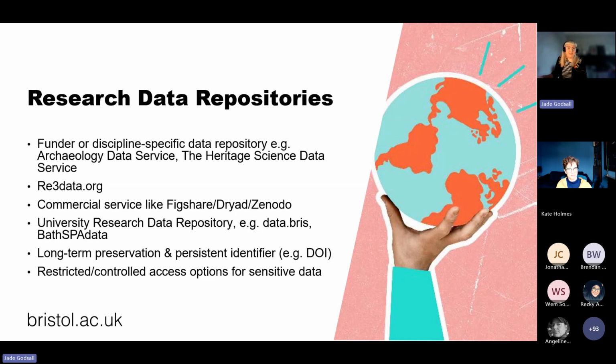Each data set is going to have a landing page with descriptive metadata explaining authorship and contents, and it will also have a clear and established license for reuse. Some repositories will offer options for publishing sensitive data with clear governance for access and use. For example, at Bristol, we have restricted, controlled and open data sets.